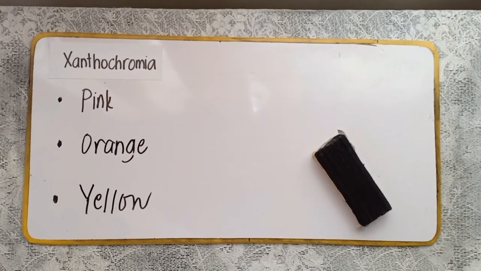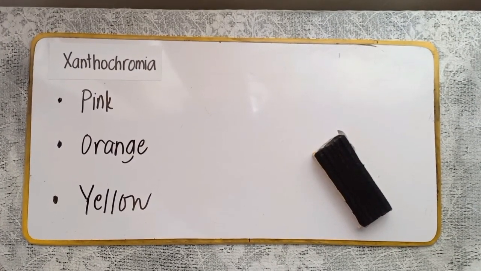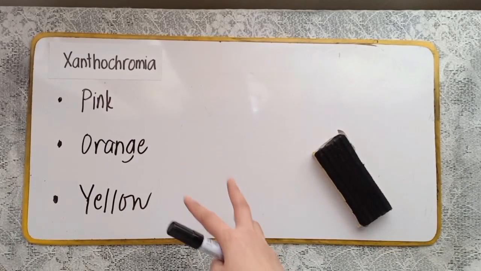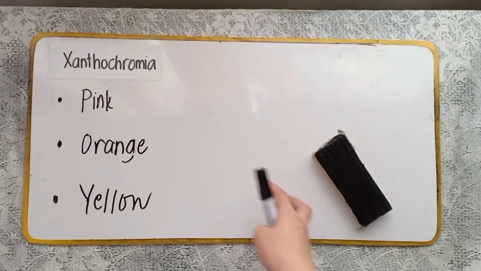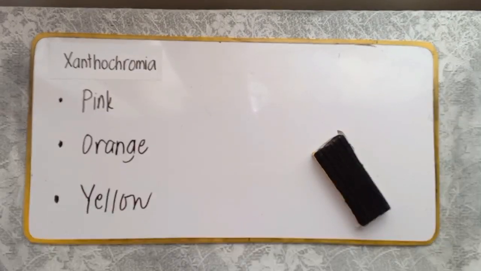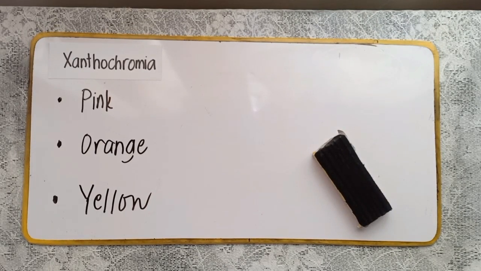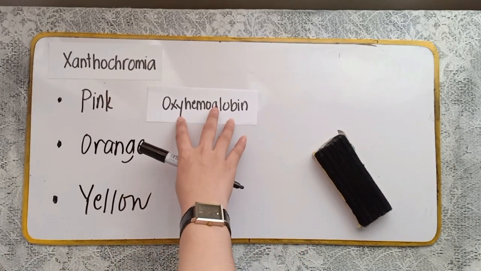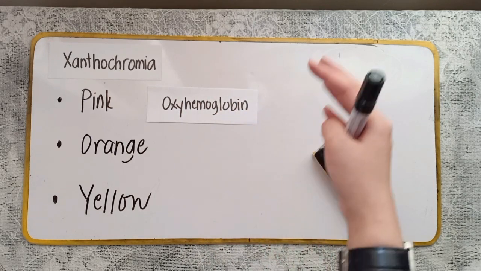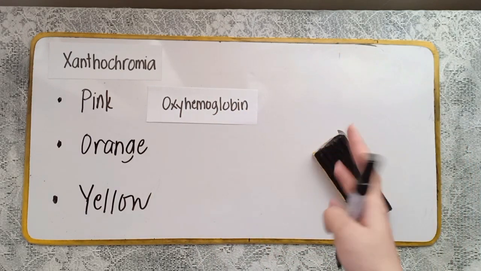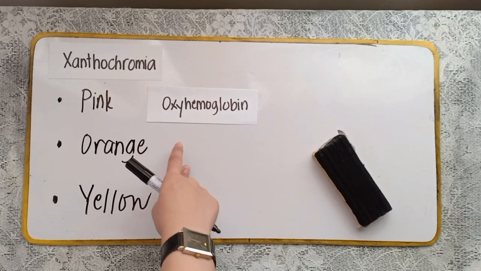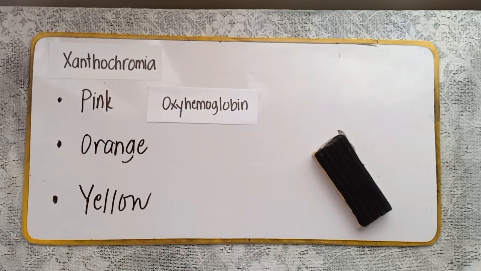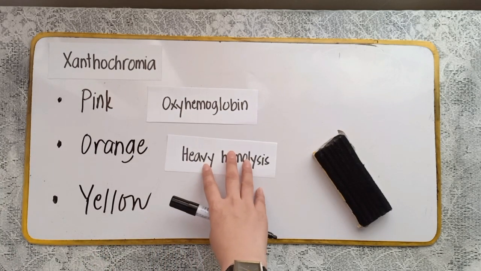Now, depending on the amount of the blood and the length of time it has been present, the color will vary from pink to orange to yellow. Each of which has its own explanation. A pink xanthochromic sample is due to a very slight amount of oxyhemoglobin, when our RBCs have broken down. An orange xanthochromic sample is an indication of heavy hemolysis.